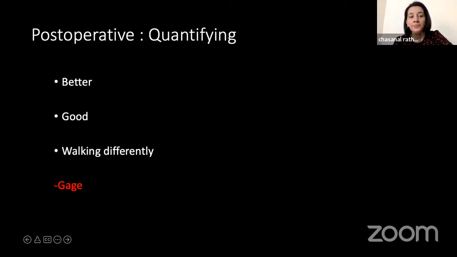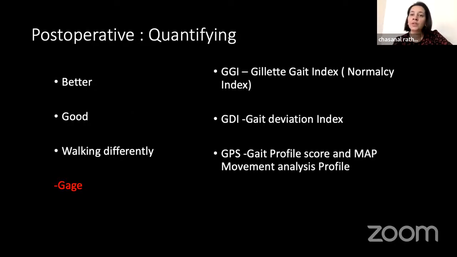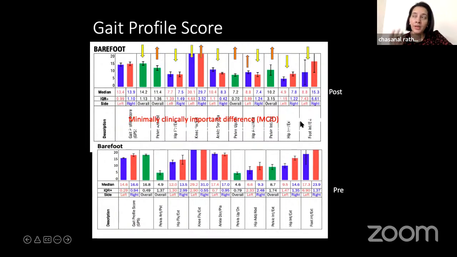With the advent of gait analysis, we started quantifying them in terms of numbers and the deviation index, and the gait profile score helps us not only quantify the gaits, but also use this data for research purposes and for evaluating our own results. So this is how a gait profile score looks.